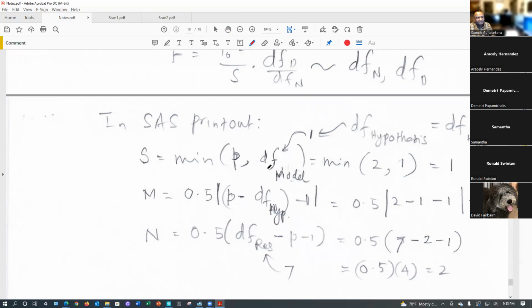You can see that when we run it. M is nothing but 0.5 times P minus the degrees of freedom of the hypothesis.